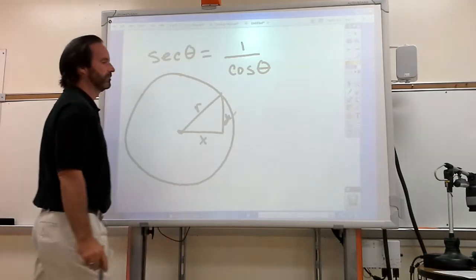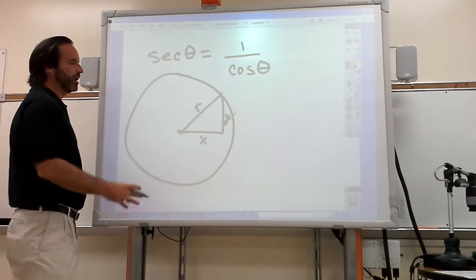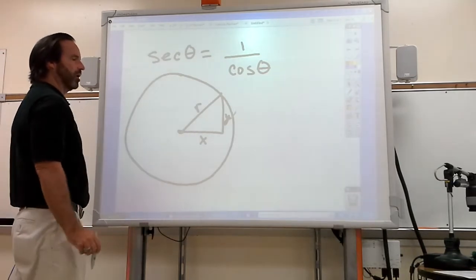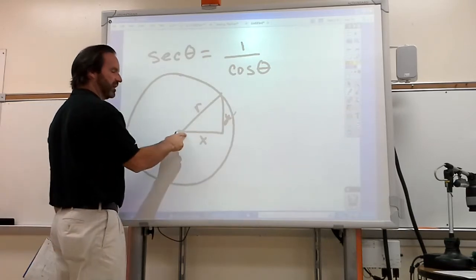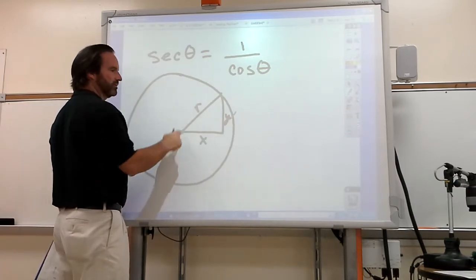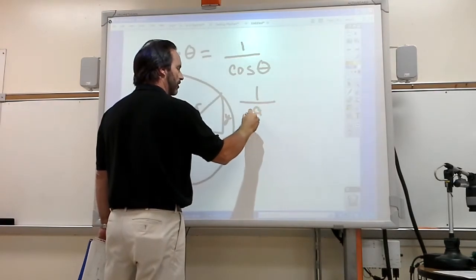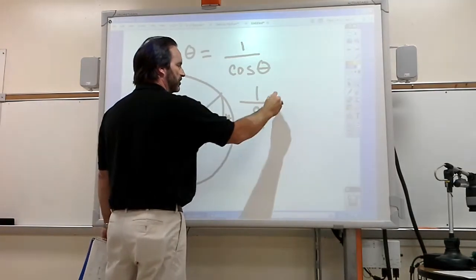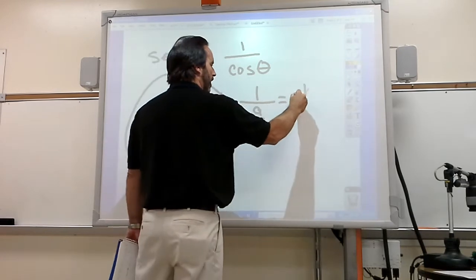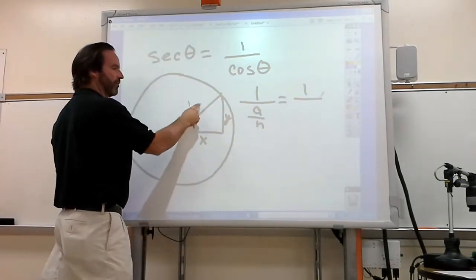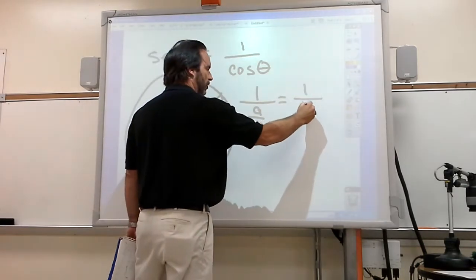Okay? Alright, so cosine for this angle, we know is what? Adjacent over hypotenuse. So it's 1 over adjacent over hypotenuse, which is what? 1 over x over r, adjacent over hypotenuse.